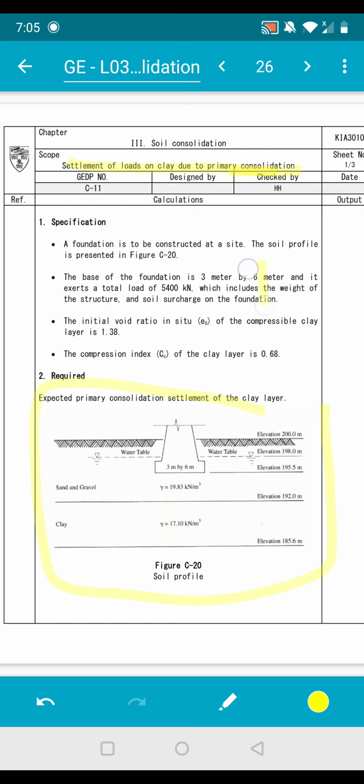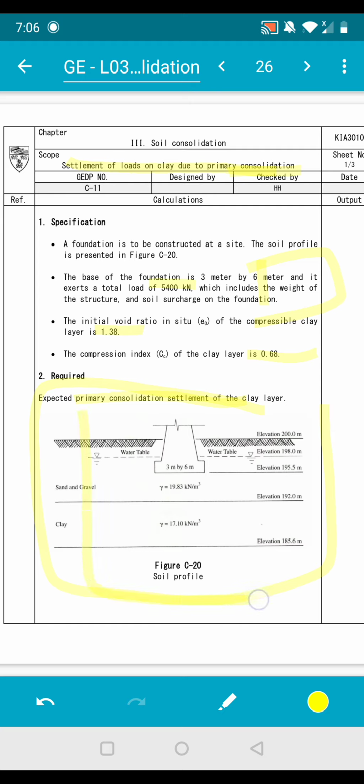So now you have a rectangular foundation, and it exerts a total load of 54,000 kilonewton. The initial in situ void ratio is 1.38. The compression index is given as 0.68. And what is required? The primary consolidation settlement. Of course, you're going to end up with a formulation from this chapter.